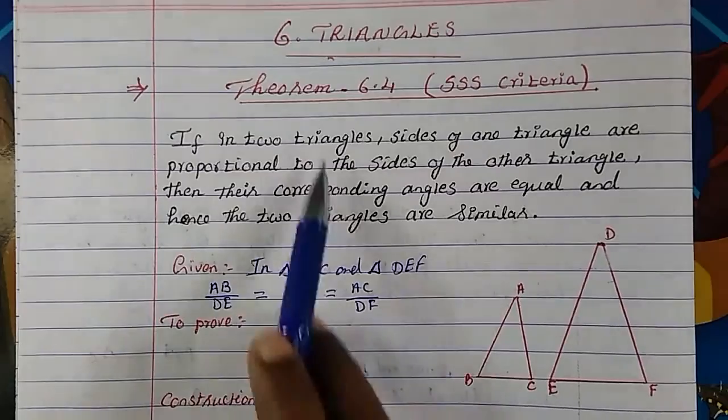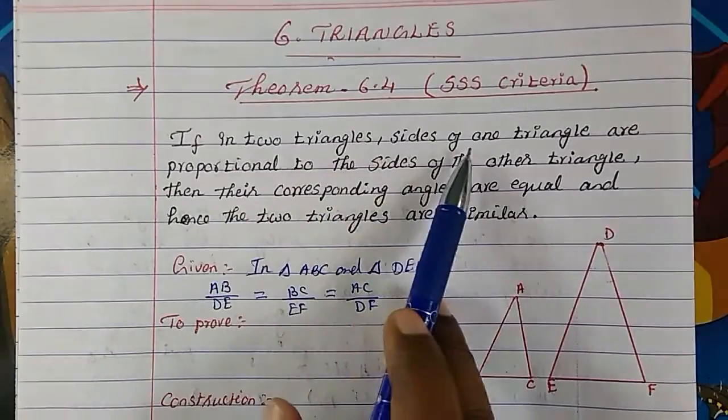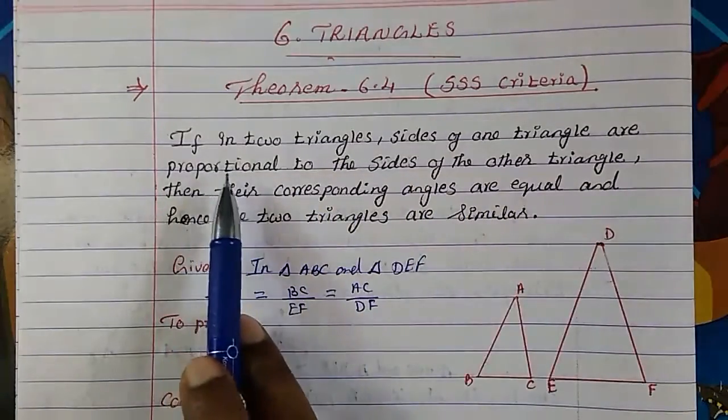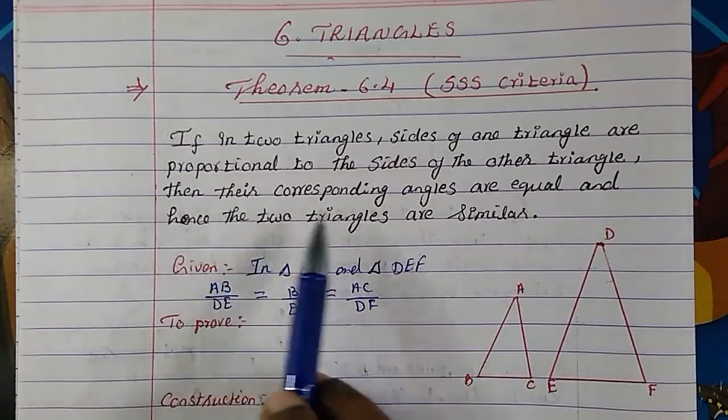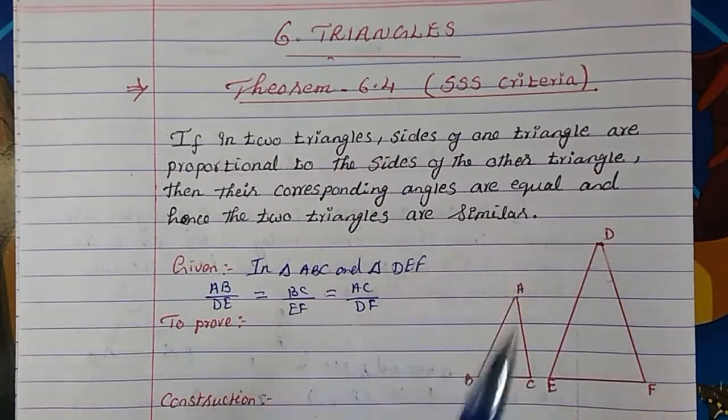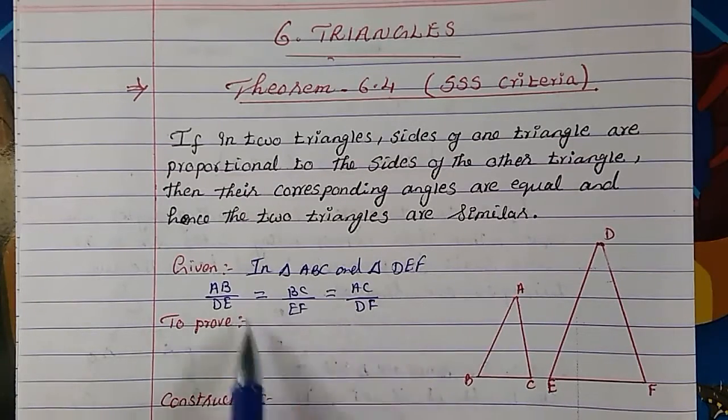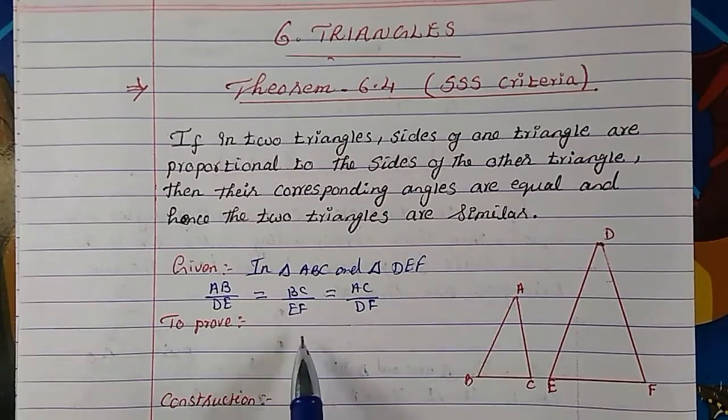So that's what is given to us. If in two triangles, sides of one triangle are proportional to the sides of the other triangle, then their corresponding angles are equal. So what is given to us is the corresponding sides are proportional.